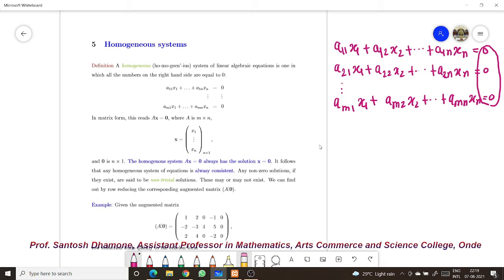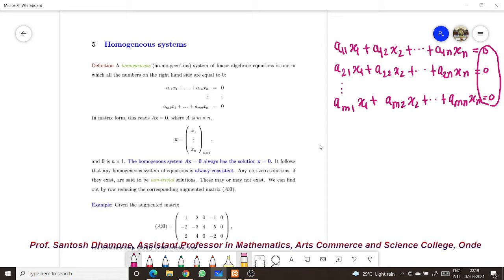This matrix is obtained by taking coefficients: the first column is the coefficient of x1, a11, a21 and so on up to am1.